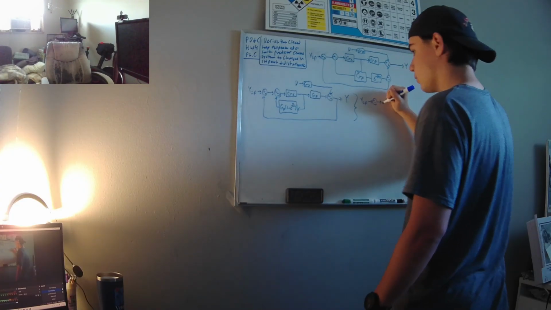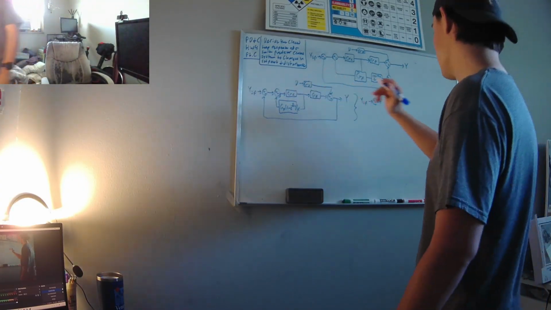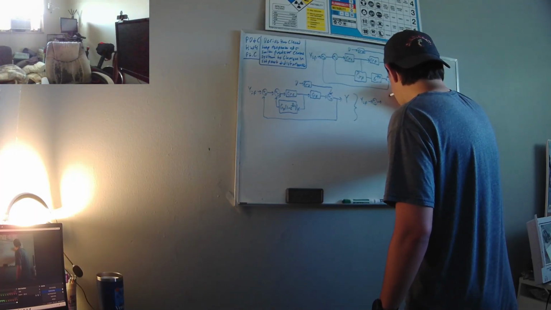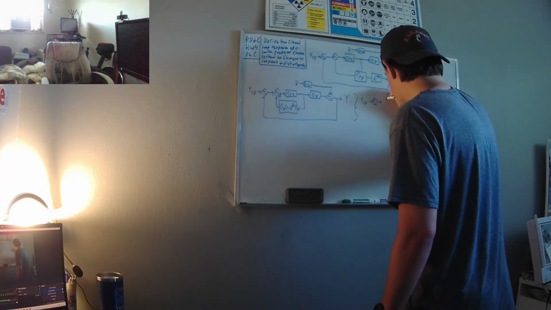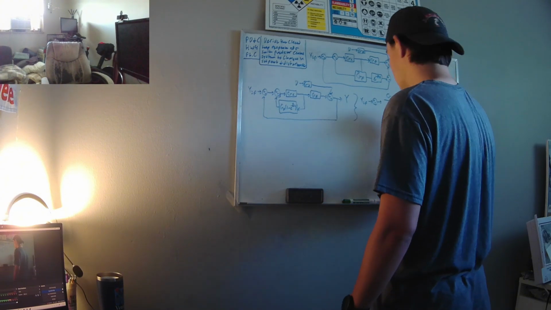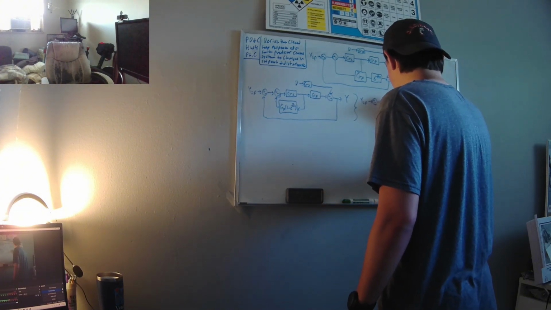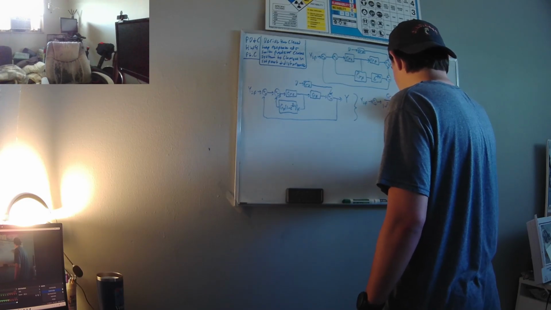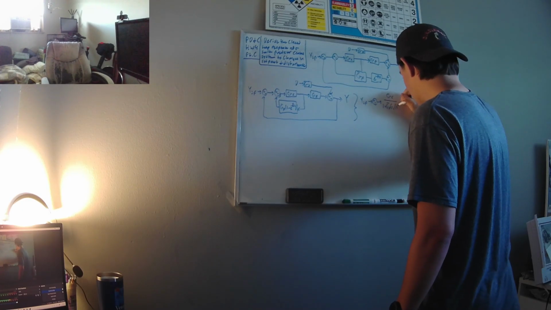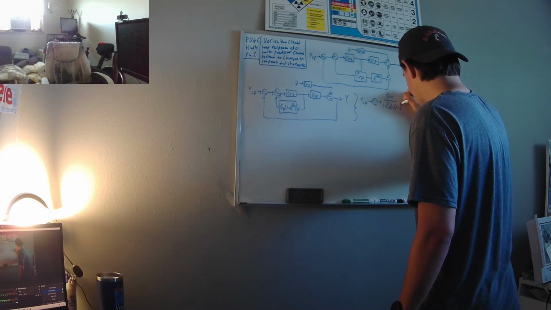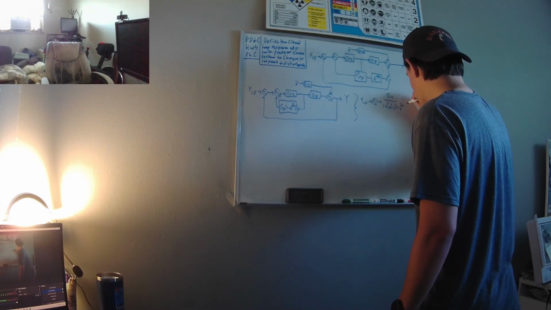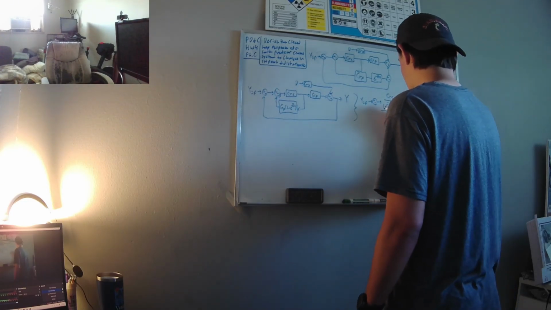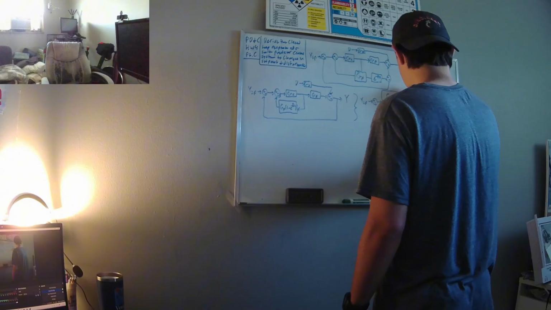And that is going to come into this combined function right here, which is going to be our GC divided by 1 plus our GP bar times our GC times 1 minus e to the negative theta bar s as our overall closed loop transfer function.